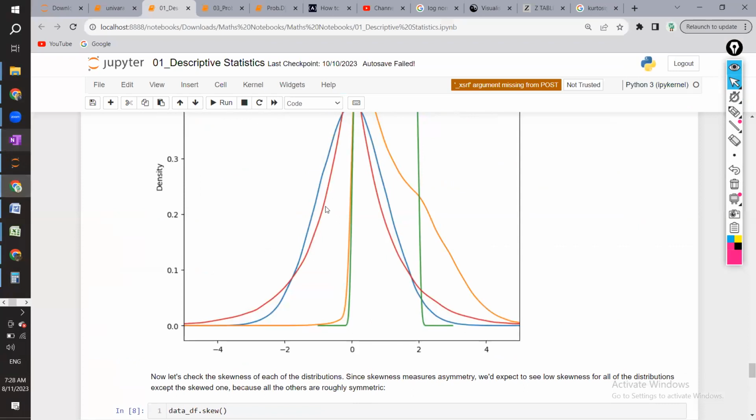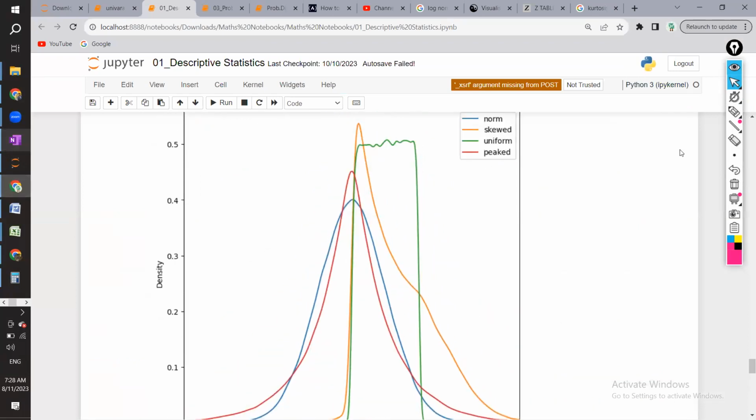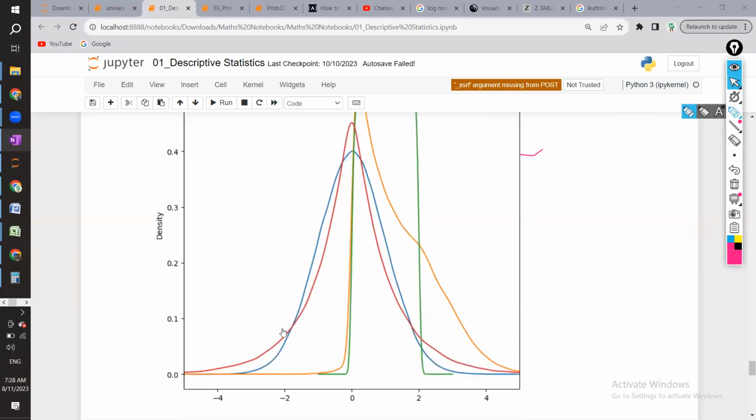If you see the peak distribution, when compared to the normal distribution, it has a bit longer tails. In the skewness, because of the distorted distribution, it is creating kurtosis.